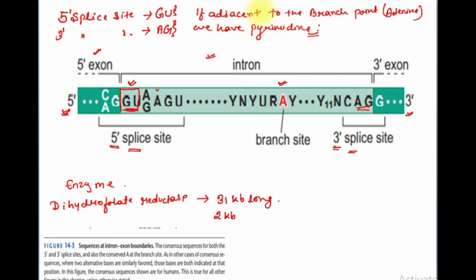Or we can also write it as: if adjacent to the A we should not write branch point here. If adjacent to adenine we have a pyrimidine, that is known as the branch point.